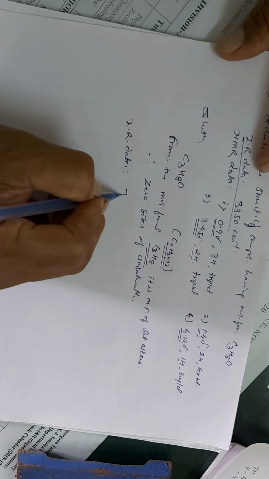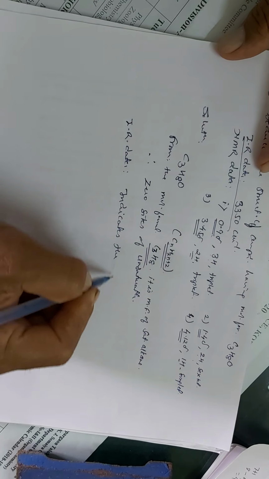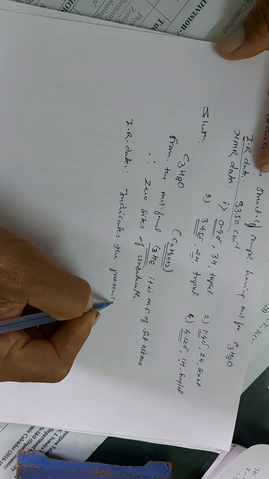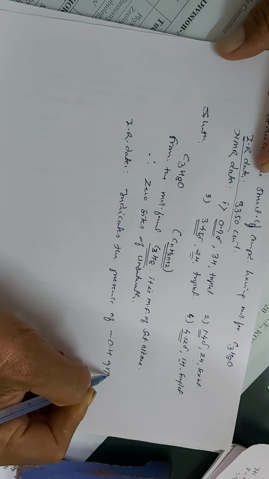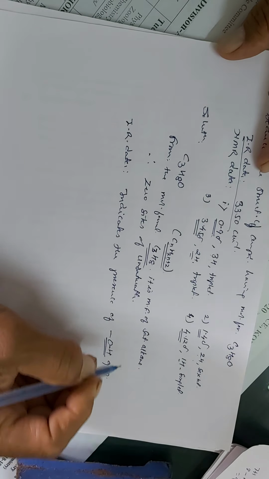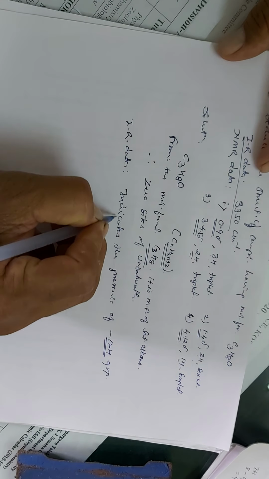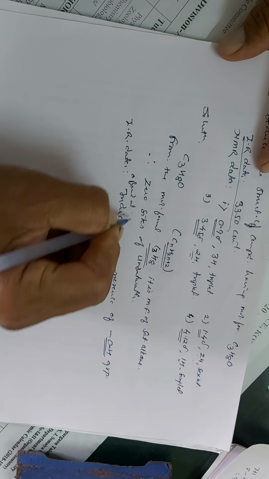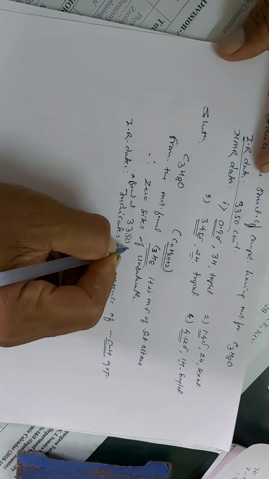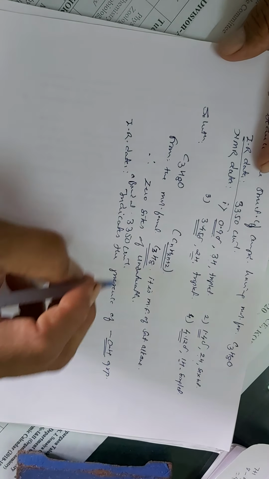The IR data, a band at 3350 reciprocal centimeter, indicates the presence of an OH group.